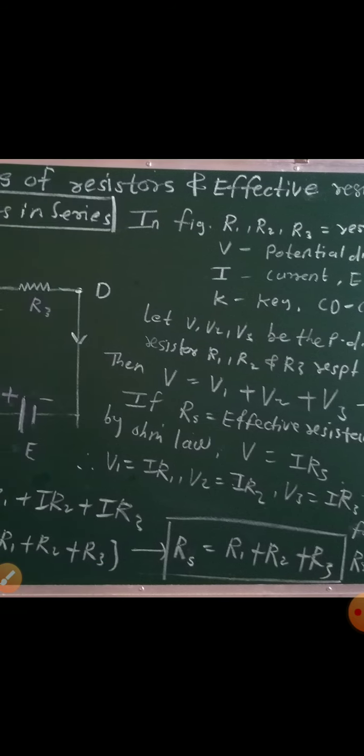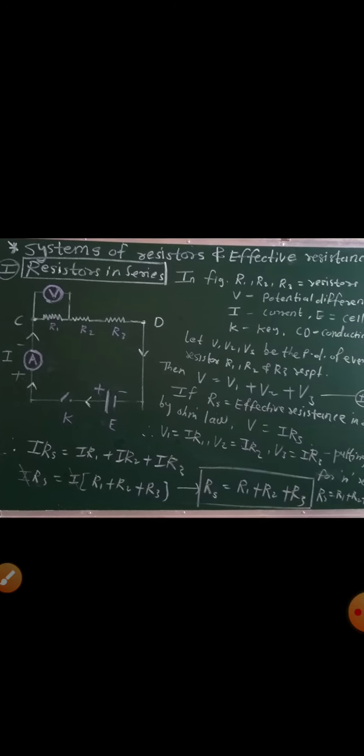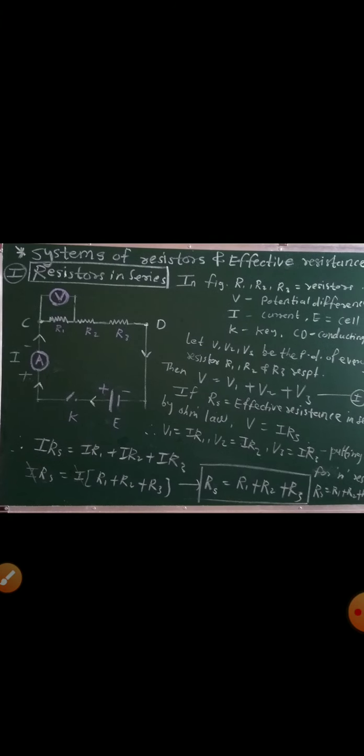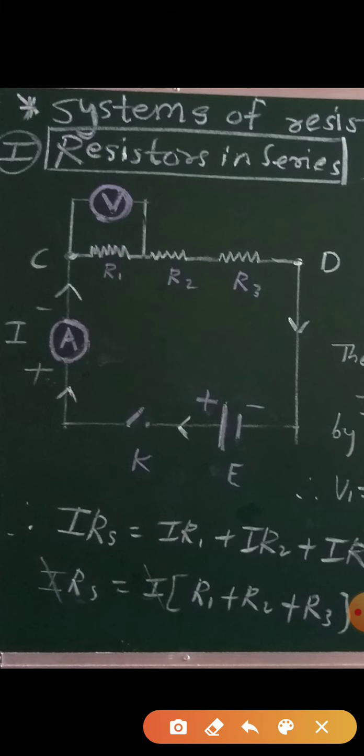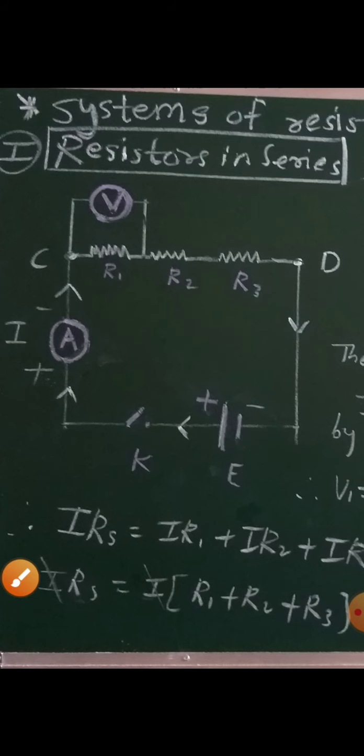Let V1, V2, V3 be the potential differences of the resistors R1, R2 and R3 respectively.